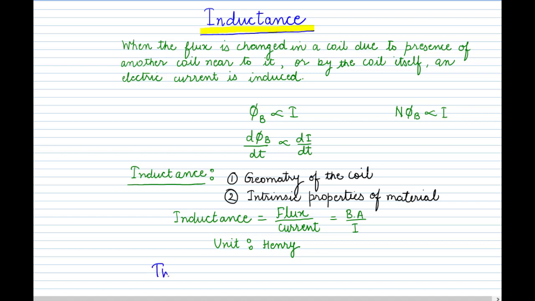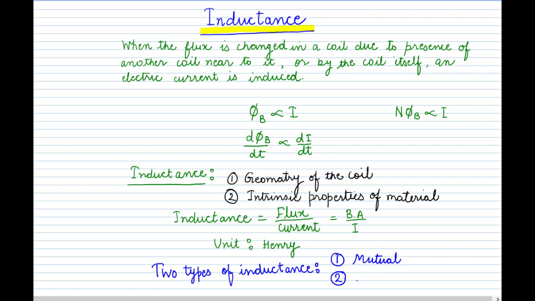There are two types of inductance which we will study now. First, there is an induced EMF due to the presence of another coil. That is mutual inductance: due to a change in the magnetic field of one coil, there is an induced current in the other. That is a mutual effect. In the second case, we are not having two coils, only one coil.